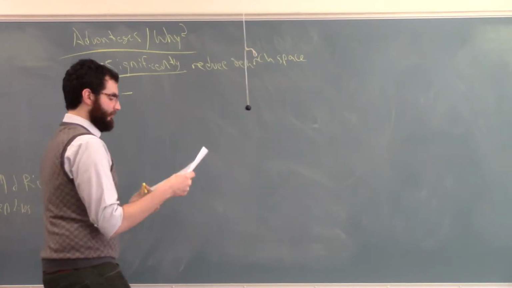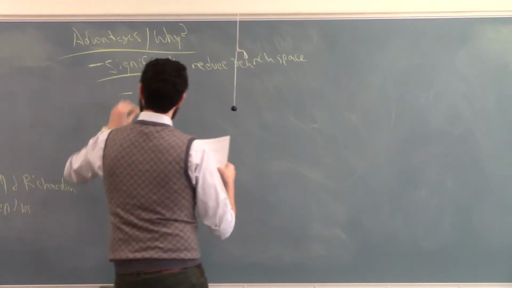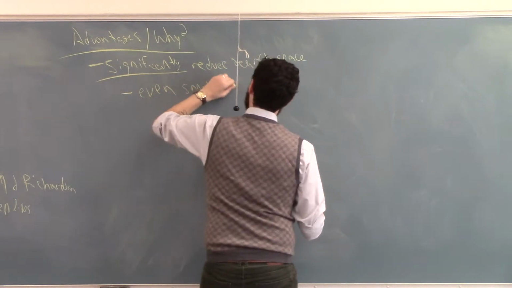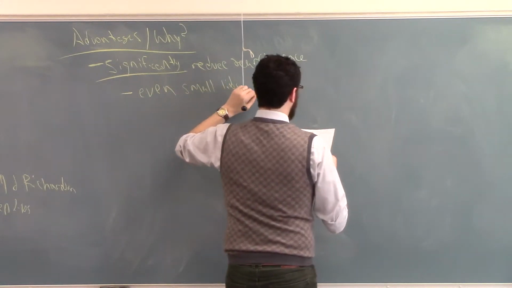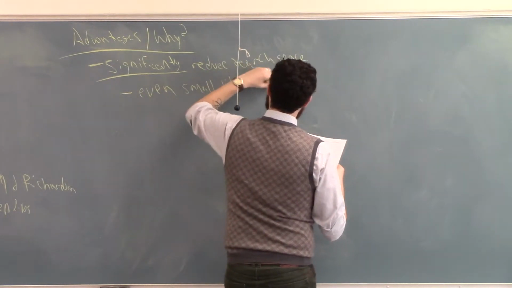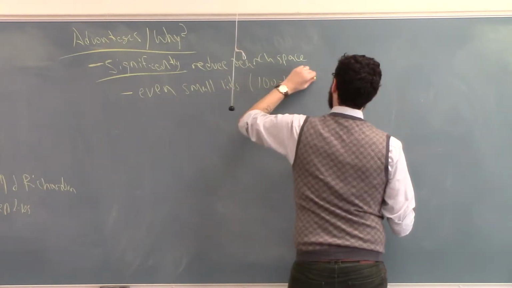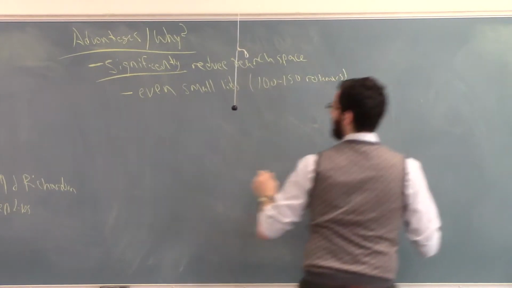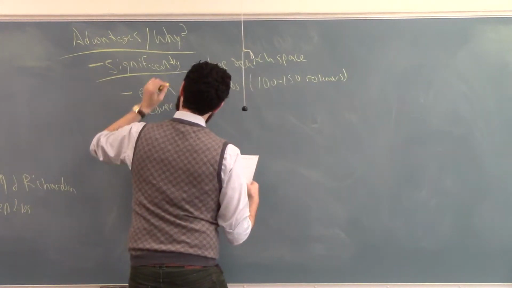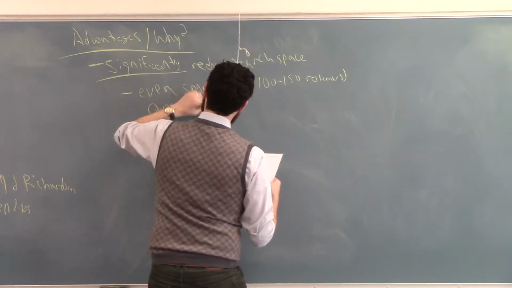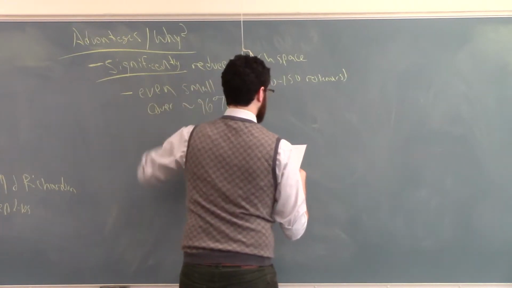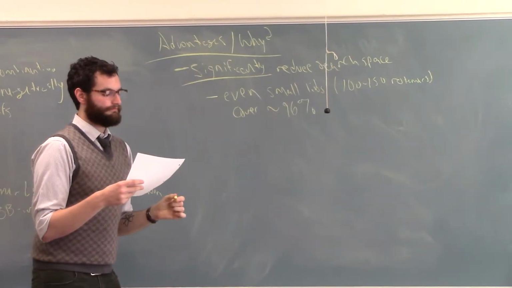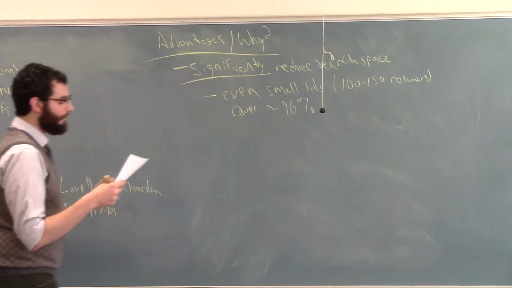And for some comparison here, even small libraries with 100 to 150 rotamers in them cover about 96% of the protein conformations that we do. The probable conformations, I should say.